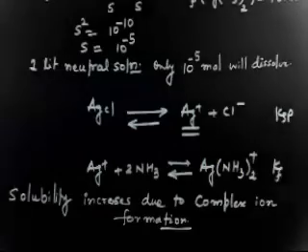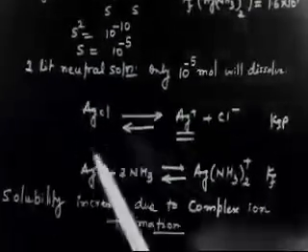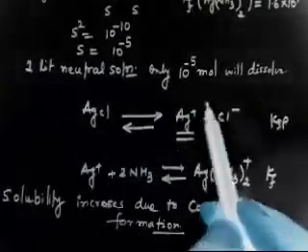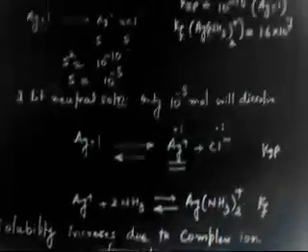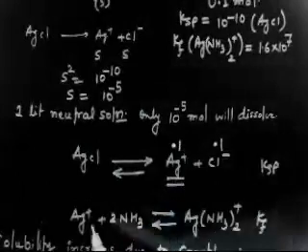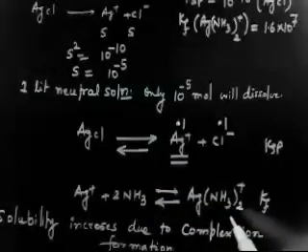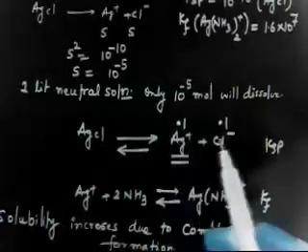Now let us say the solubility is 0.1 mole, as given in the question. This means AgCl has dissolved 0.1 mole of Ag plus and 0.1 mole of Cl minus. That is what solubility means. But this 0.1 mole will further react with NH3 and form Ag(NH3)2 plus. So now Ag plus will not remain as 0.1.